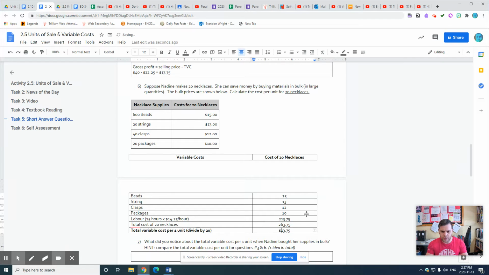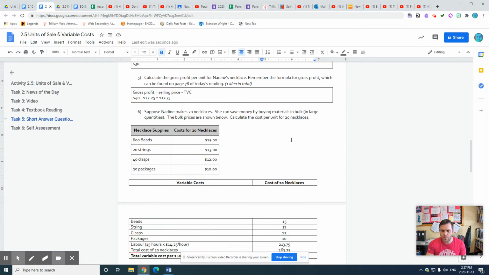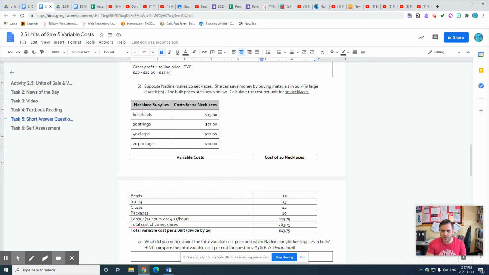So if we look up here, to make 1 necklace, buying the materials singularly, it costs $22.25. When she buys her items in bulk, in increments of 20 necklaces, so she's buying 600 beads at a time, 20 strings, 40 clasps, 20 packages.